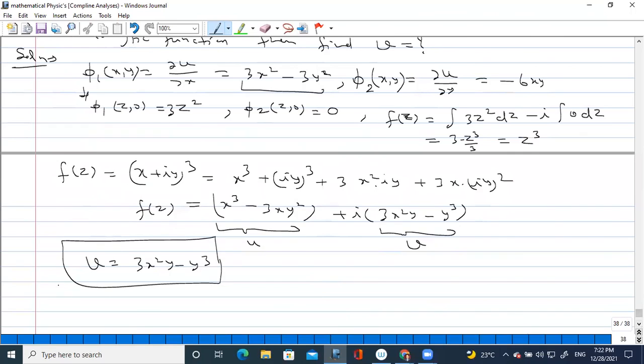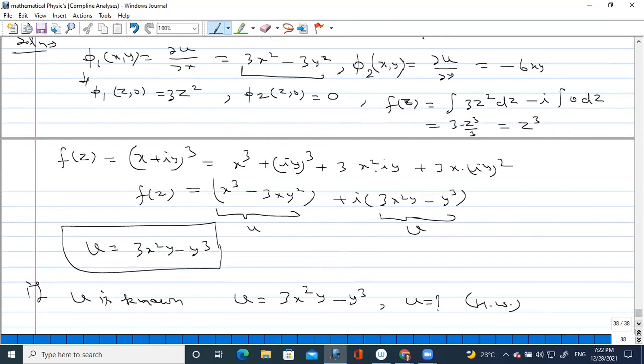So this is your homework. If v is known, suppose I am giving you the same question because it will be verified. Suppose v is 3x square y minus y cube. You know the answer that u should come. So u is what? This is your homework.